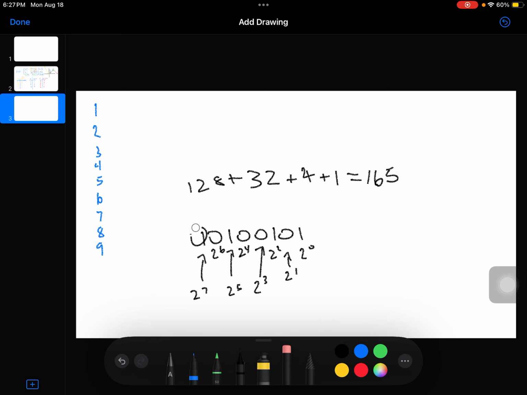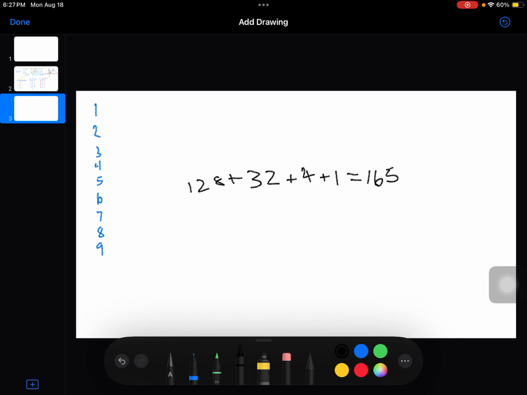If we were going in the opposite direction, from 165, then we're just going to divide by 2 and divide by 2 and divide by 2 again, and look at remainders. So 165 divided by 2 is equal to 82 and a half, so 82 with a remainder of 1.